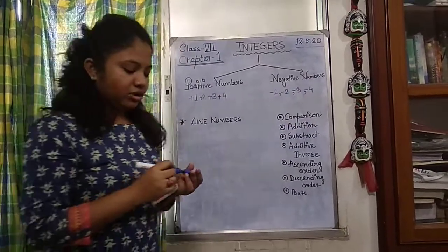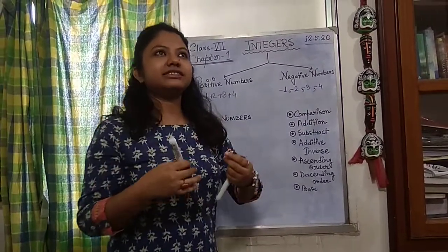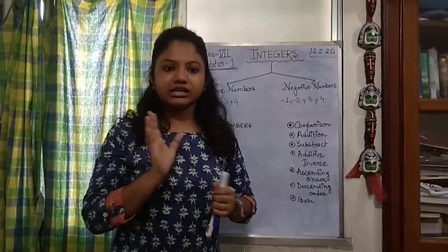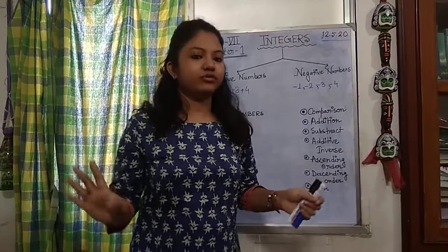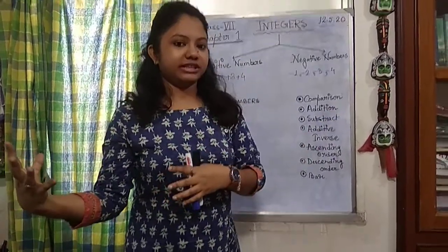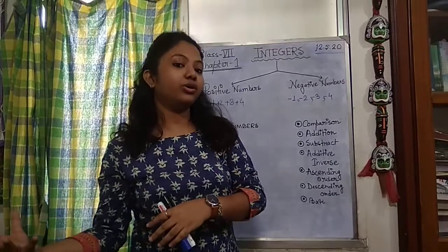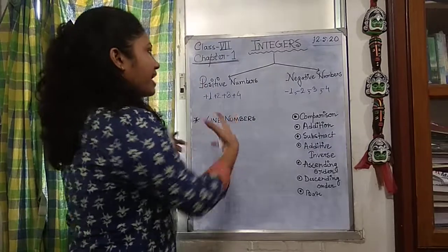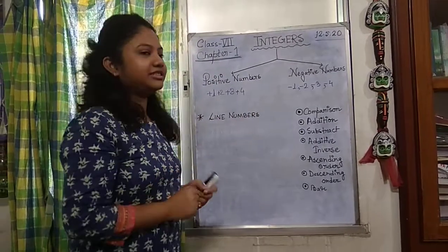If we take this in a more interesting way, all of you have seen movies, right? In the movies, there are always two parties, one are heroes and another are villains. Let's take the entire thing as a movie.